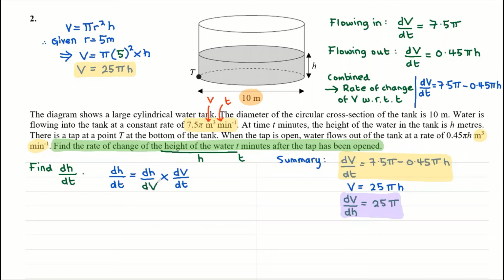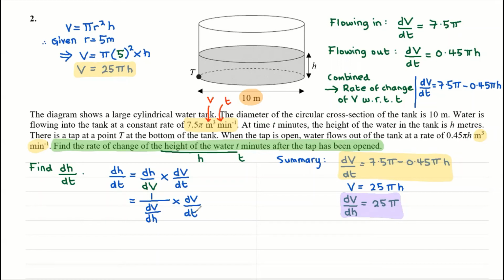Okay, so that's how we get dH by dt. So we just put all this together now. So this is going to equal 1 over dV by dH, just reciprocating that, multiplied by dV by dt.